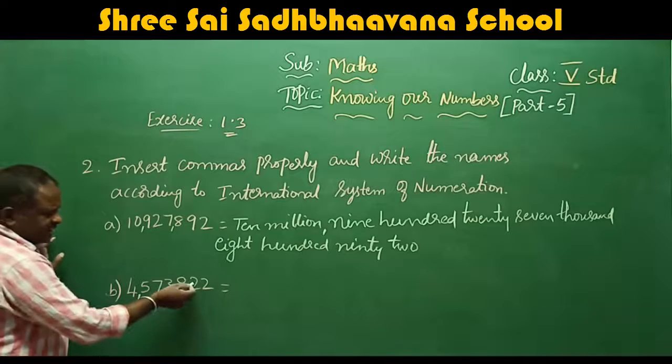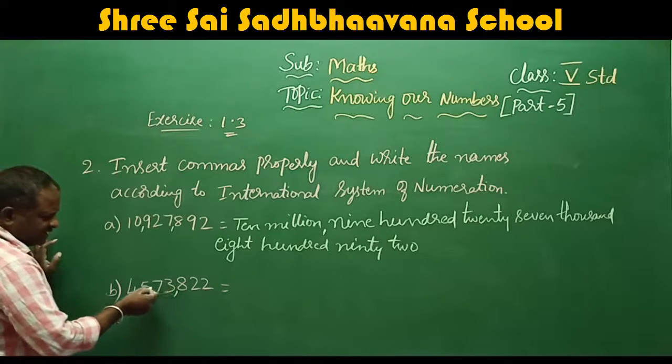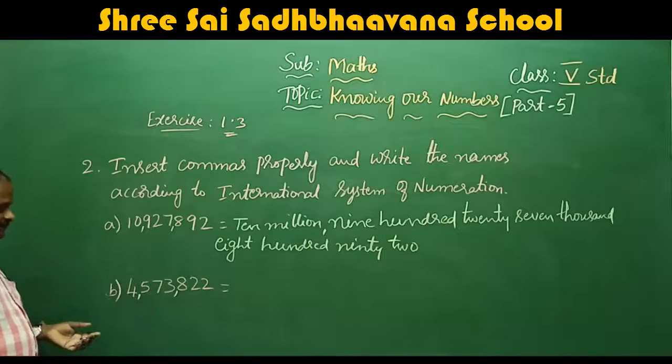Next we will start: unit, 10, 100, 1,000, 10,000, 100,000, million.